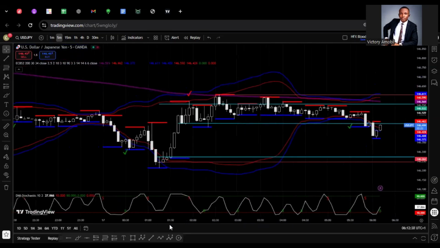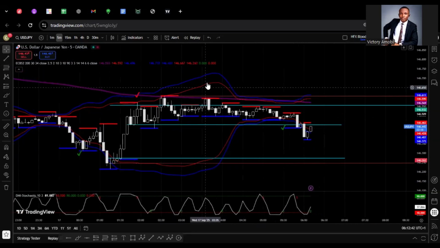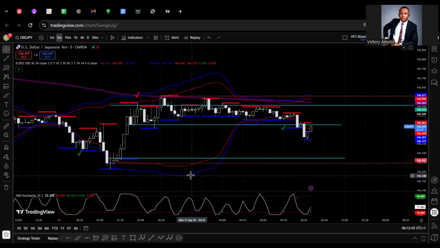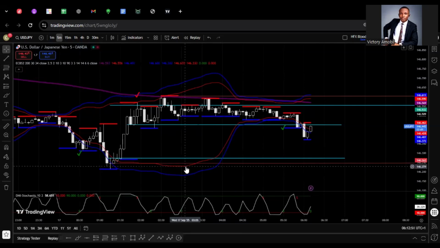I want to make it in a way you can see it. You can see the width of the Bollinger Band from here to here is very wide. This tells you that the market is trending hard.